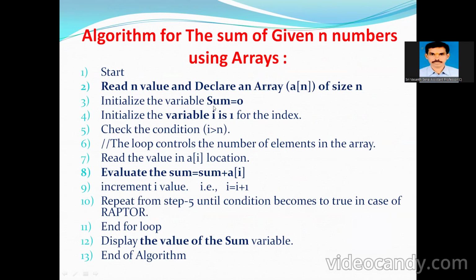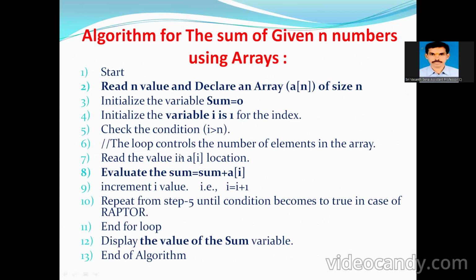Initialize the variable sum to 0. Then take one more variable I, starting with 1; this I will always represent the index. Then check the condition: if I is greater than n. In RAPTOR, the loop is repeated only if this condition is false. In a programming language, the loop is repeated only if the condition is true. This is the major change you need to observe.